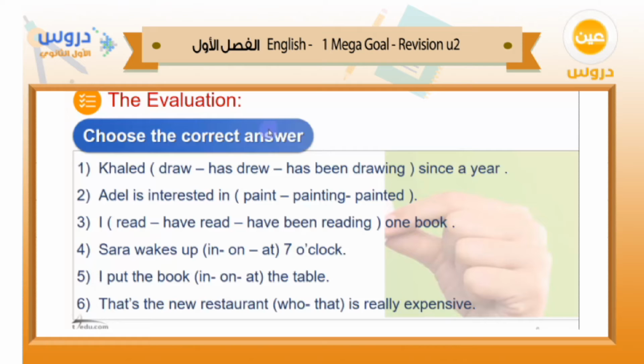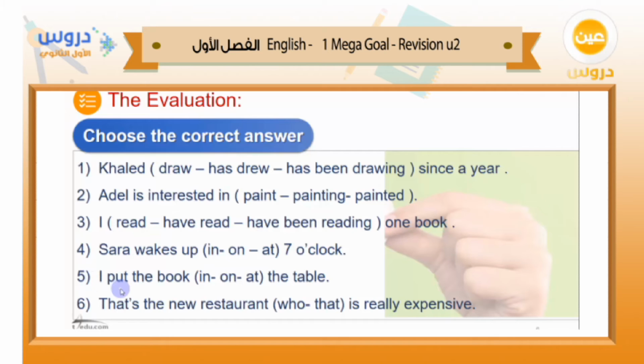The evaluation: choose the correct answer. Khalid has been drawing since a year. Adil is interested in painting, painted. I have been reading one book, and Sarah wakes up on at 7 o'clock.